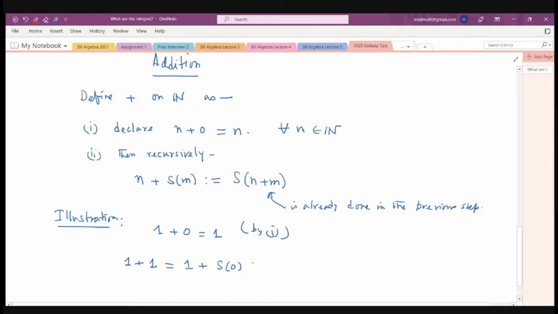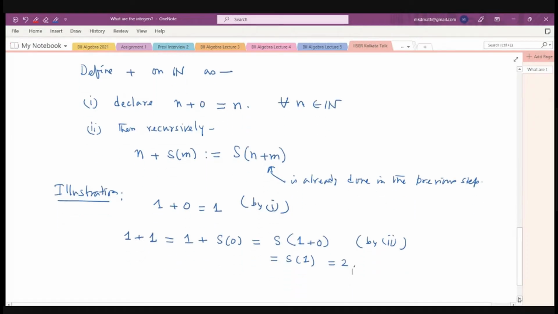Now if we apply the formula, it says it is s of 1 plus 0. This is by 2. Now I know that 1 plus 0 is 1, so this is s of 1. So this is 2. Successor of 1 is 2.